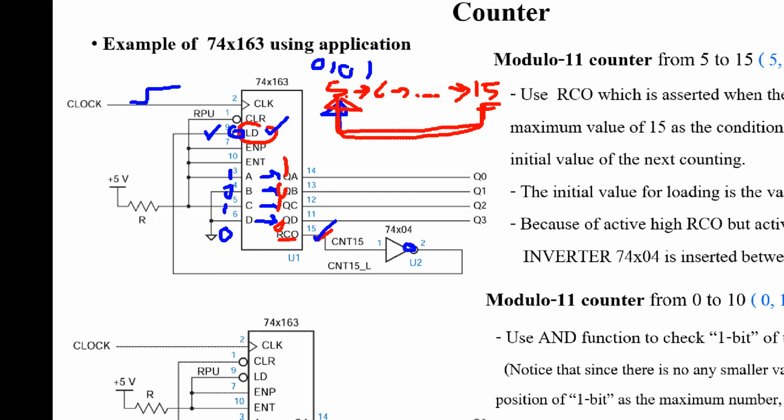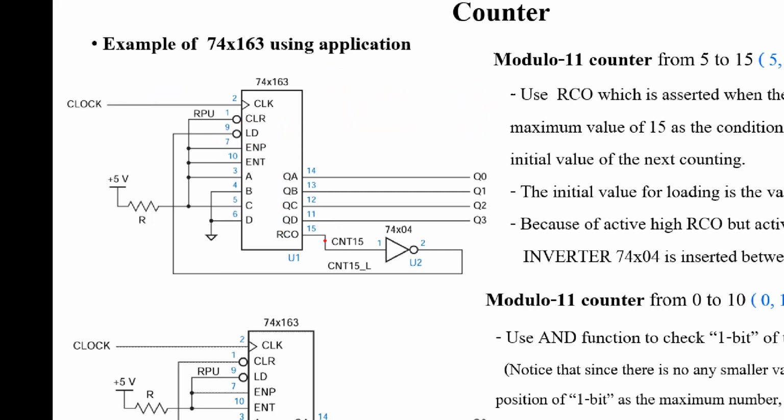And then when it becomes 5, RCO is not active, right? Because state 5 is 0101, QD, QC, QB, QA are not all 1. So RCO is not active. That means load is not active also.